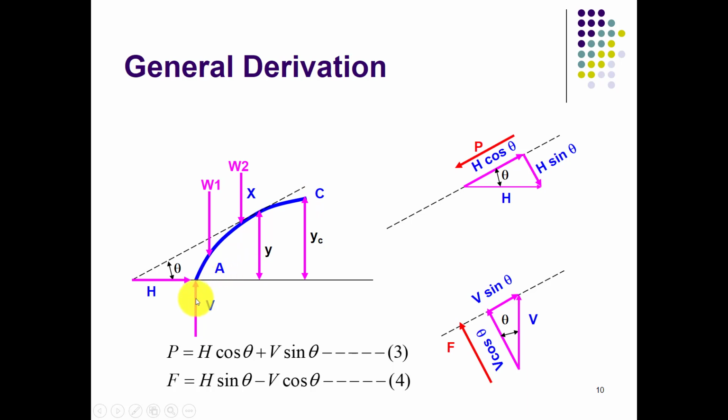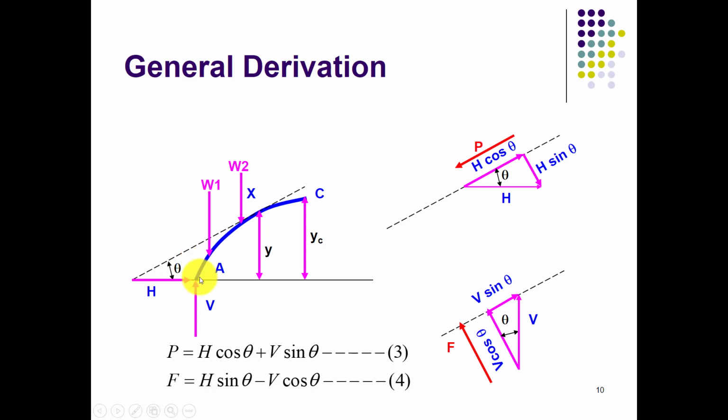If we take the cos component of this V, we will have a vertical component, because the theta in this case is 90 minus theta. For the horizontal component, we have V sin theta. If we resolve it into a triangle, theta would be like 90 minus theta, so cos theta, or sine of 90 minus theta, would be equal.